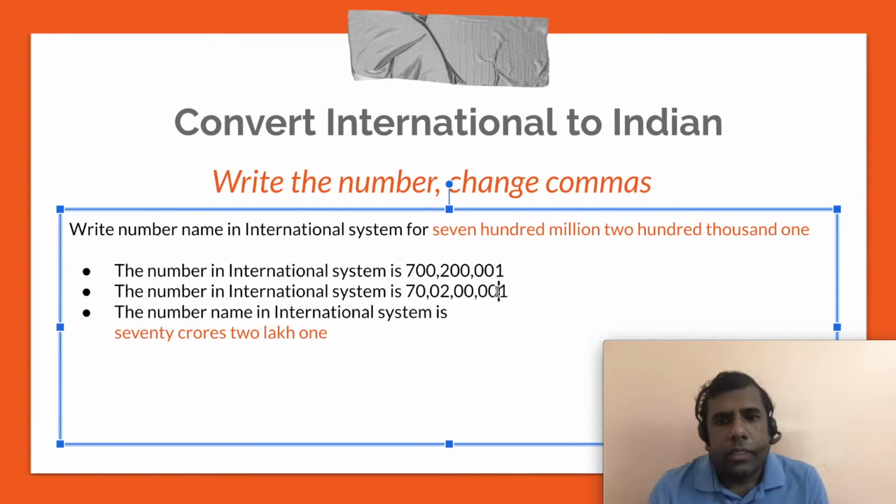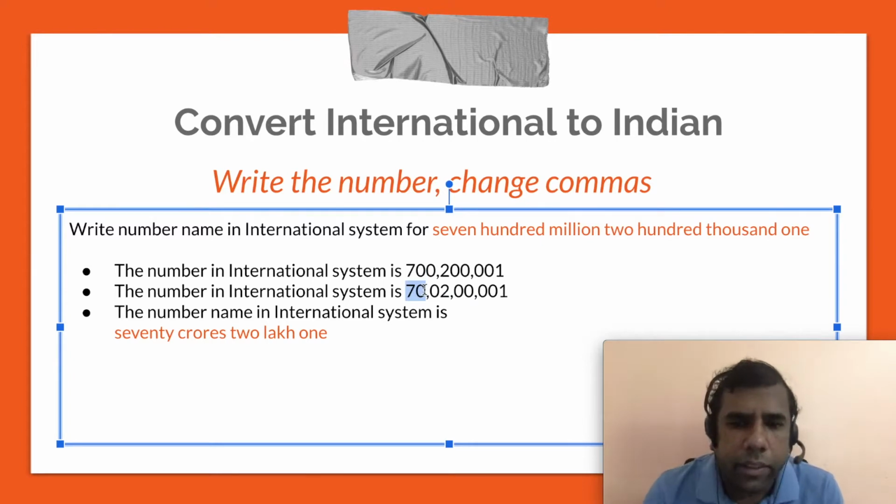Again change the commas, 001 remains the same. These next two digits become the thousands period in the Indian number system. These next two digits, 02, became the lakh period in the Indian system, and the next 70 becomes the crore period in the Indian number system.